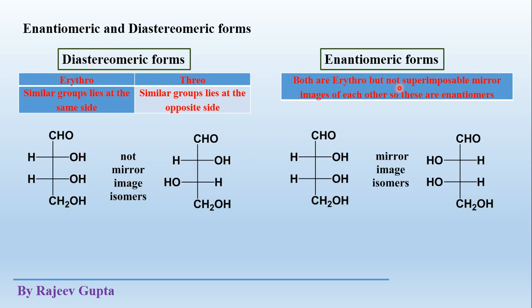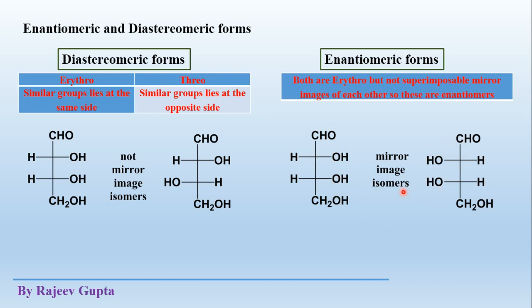Now see the enantiomeric forms. These two structures are both erythro forms; the similar hydroxy groups lie on the same side. Again, in this structure, both groups lie on the same side.